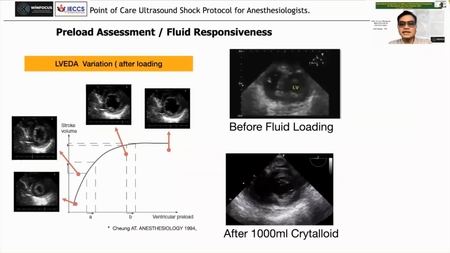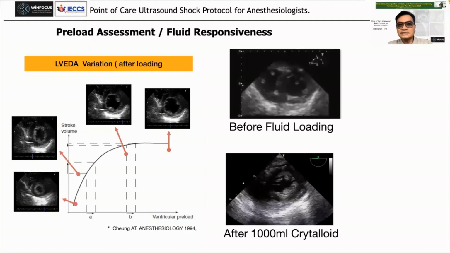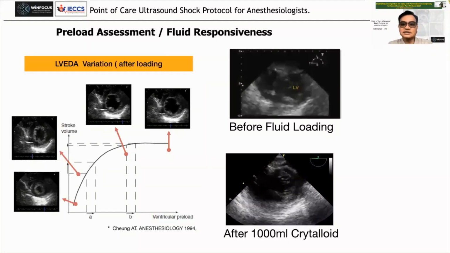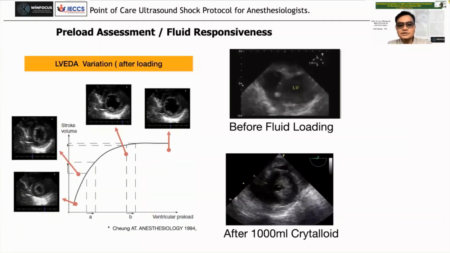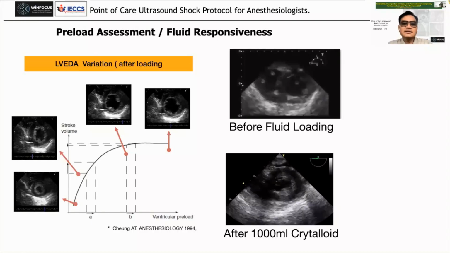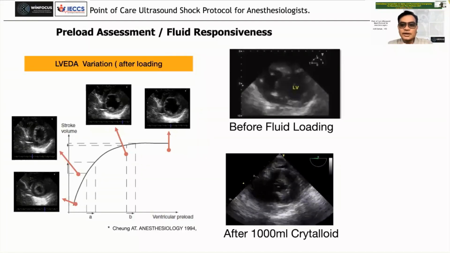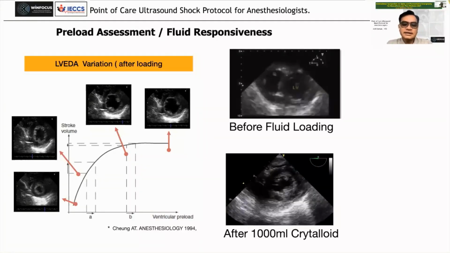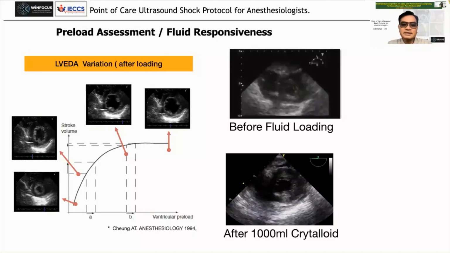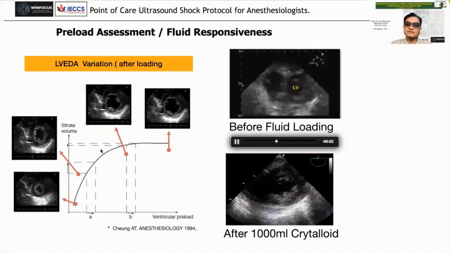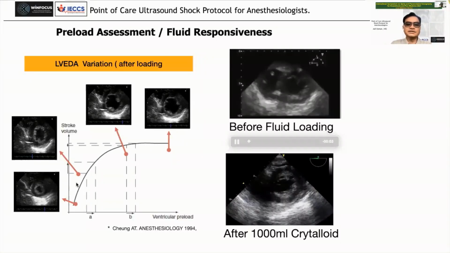So to start with, the LV must be normal, with no dilatation of the left ventricle, etc. So you can use this. Looking at the left ventricular end-diastolic area, you can determine which part of the Frank-Starling curve the patient is actually in.